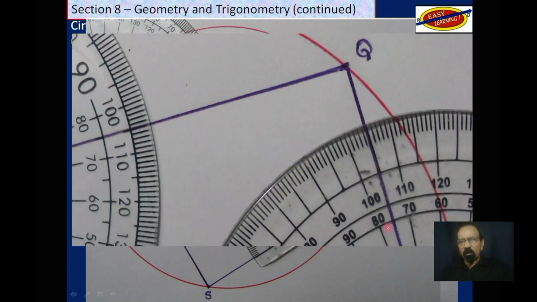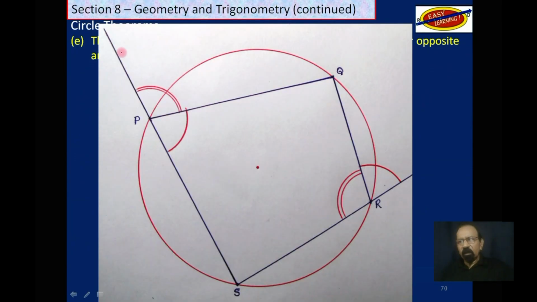Let's see that closer. 70, we were coming from this side, 75. This one here, we were coming from this side, 75. Now in this case, this single arc here and this single arc here mean that those two angles are equal.